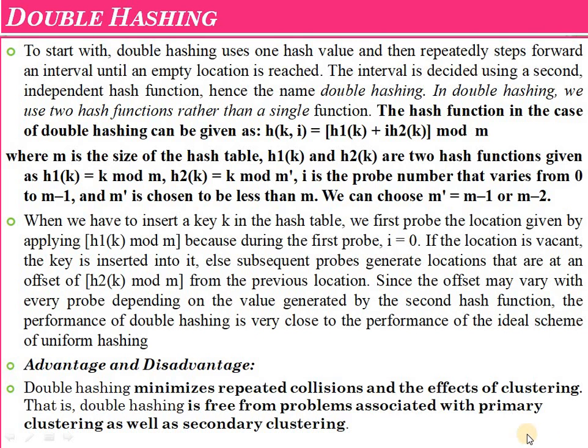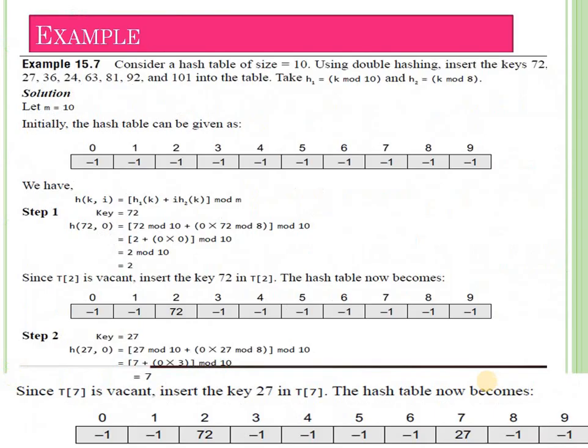Primary clustering is a problem of linear probing, and secondary clustering is a problem of quadratic probing. So if we use double hashing, we overcome primary clustering and secondary clustering. This is an advantage. This is what double hashing is.